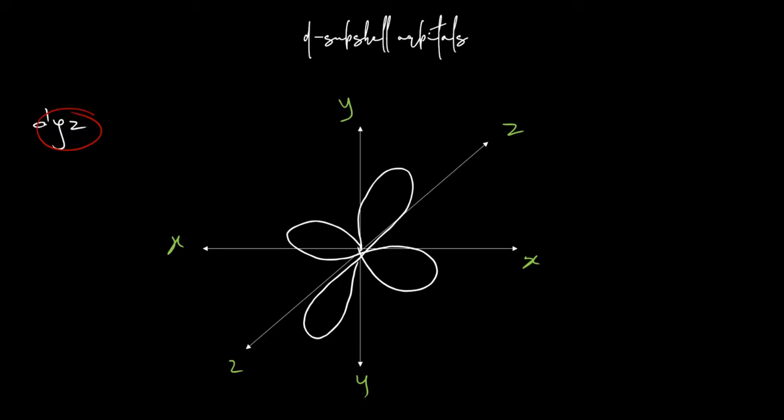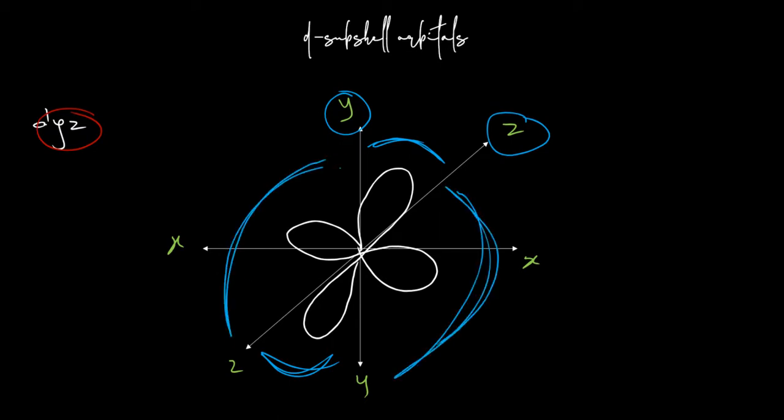And even if I had drawn it more neatly, you would have still noticed that you have the y-axis, you have the z-axis, and you have a lobe in between these two. And then there's another y and z in-between space. But in this case, this single lobe will be passing through the x-axis, so it will be intercepted by the x-axis.